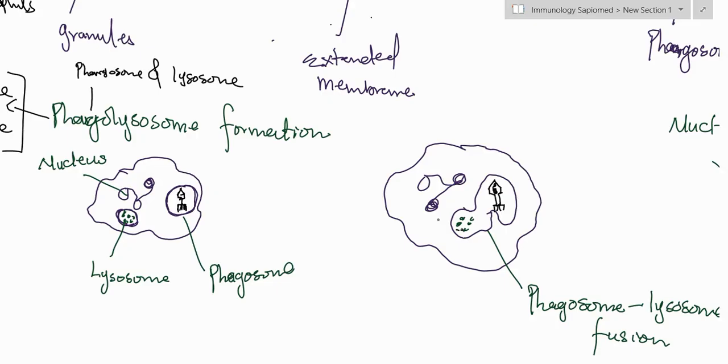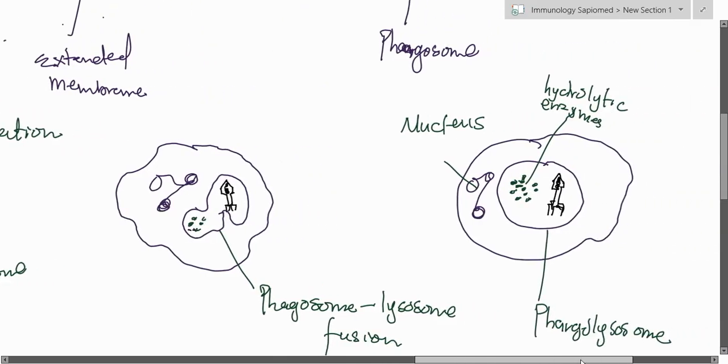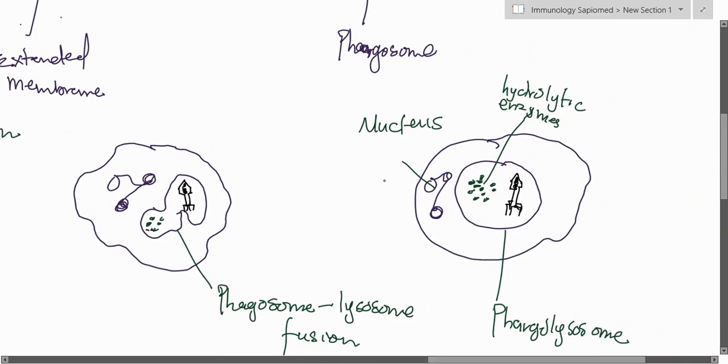So you can say phagosome and lysosome fusion. After the fusion is done, we will now have our phagolysosome here. Now you can see our hydrolytic enzymes here, and you can see our pathogen here. So this is what we call the phagolysosome.